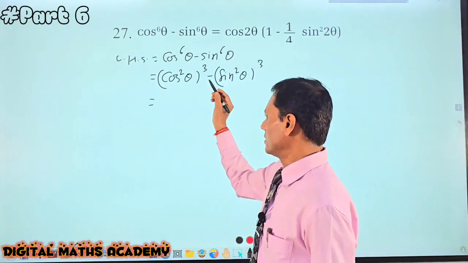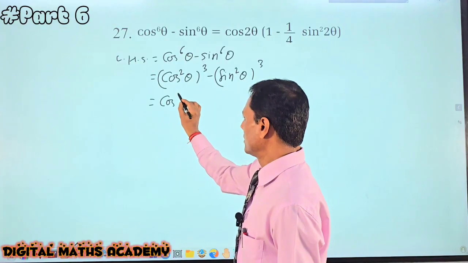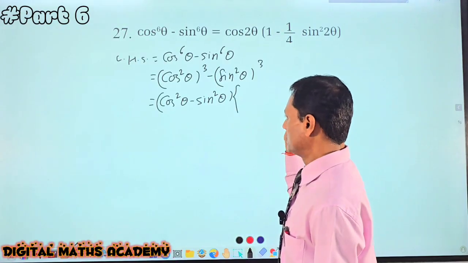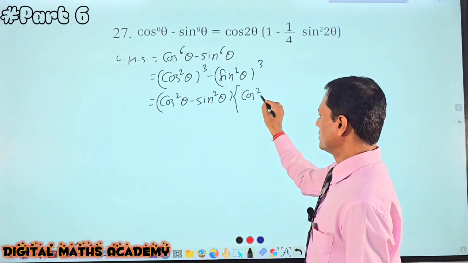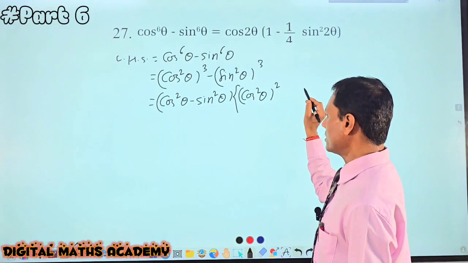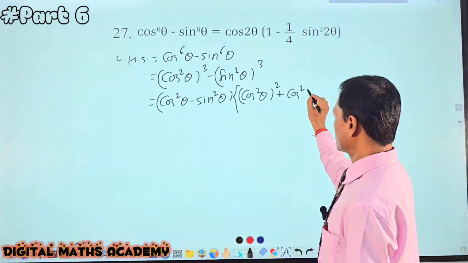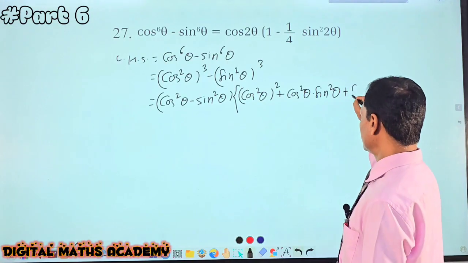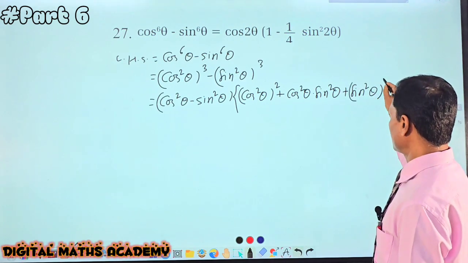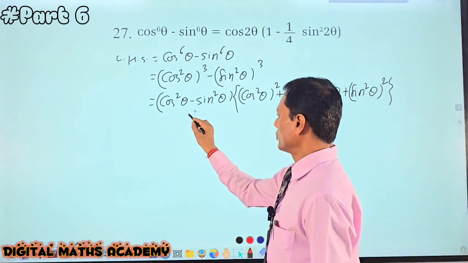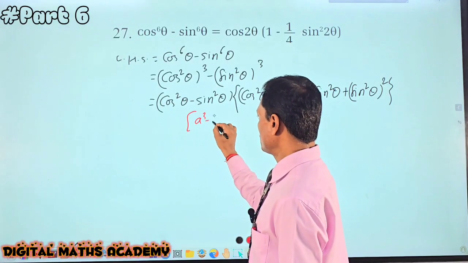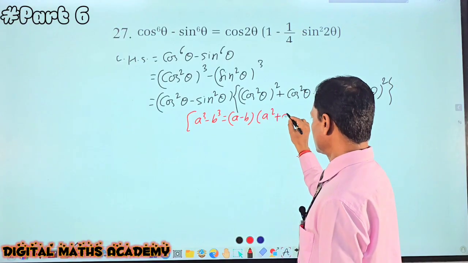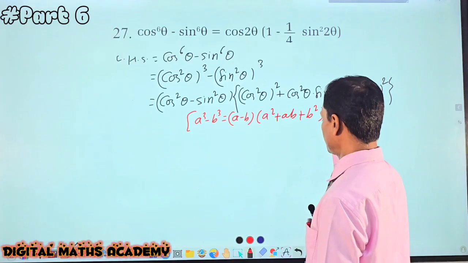A cube minus b cube equals a minus b times a squared plus ab plus b squared. Here a minus b means cos square theta minus sin square theta, times cos square theta whole square plus cos square theta dot sin square theta plus sin square theta whole square.